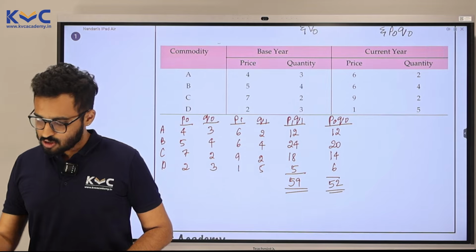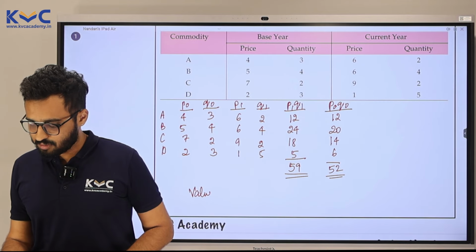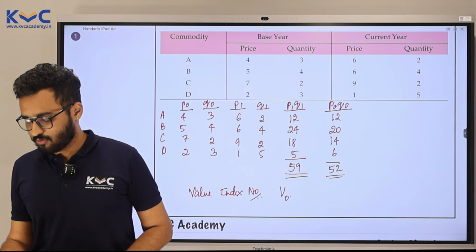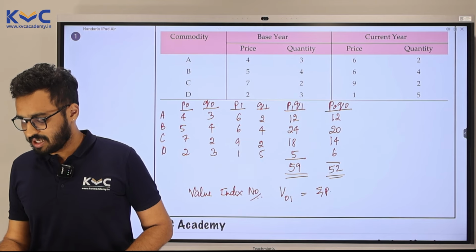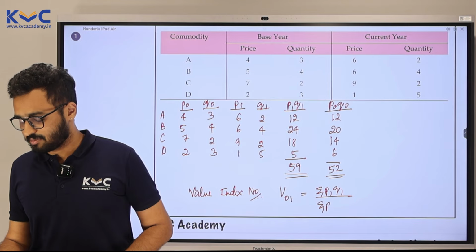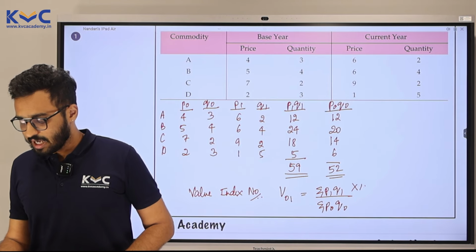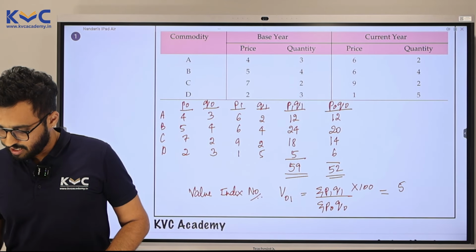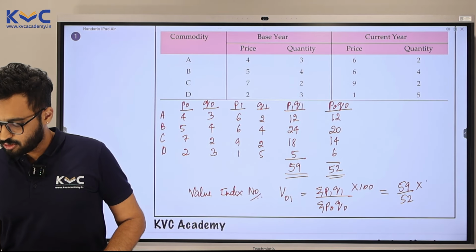So what is the value index number? Value index number V01 is summation P1Q1 divided by summation P0Q0 into 100, where you get 59 divided by 52 into 100.